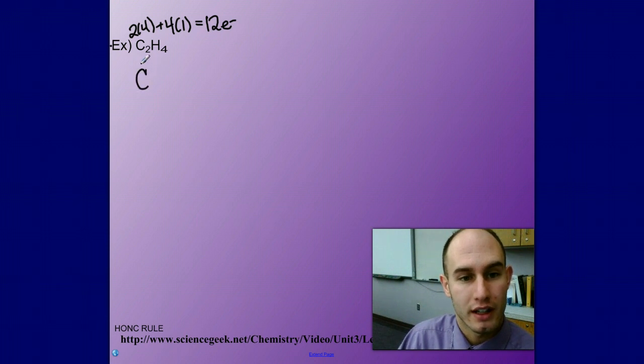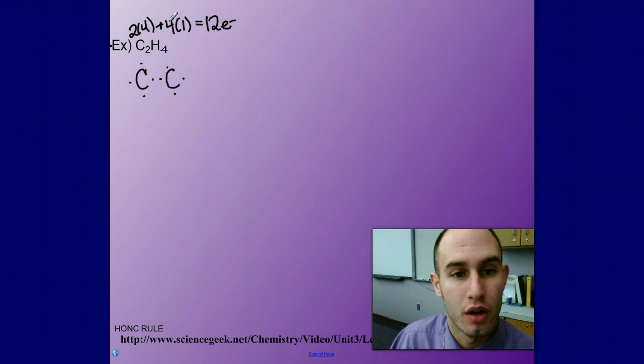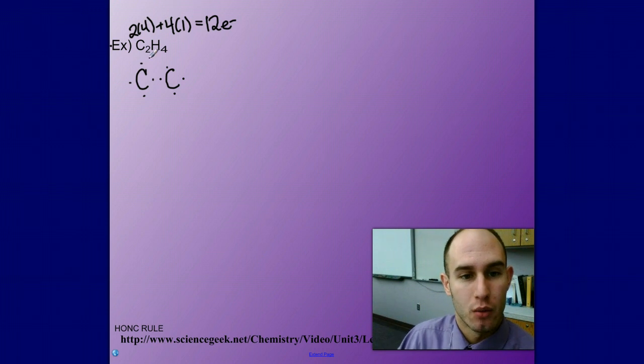Now carbon, again, 1, 2, 3, 4. Another carbon with 1, 2, 3, 4. And then I want to put in my 4 hydrogens. Well, really, you know that the hydrogens are looking for those lone pairs. So I'm trying to put a hydrogen here and a hydrogen here.